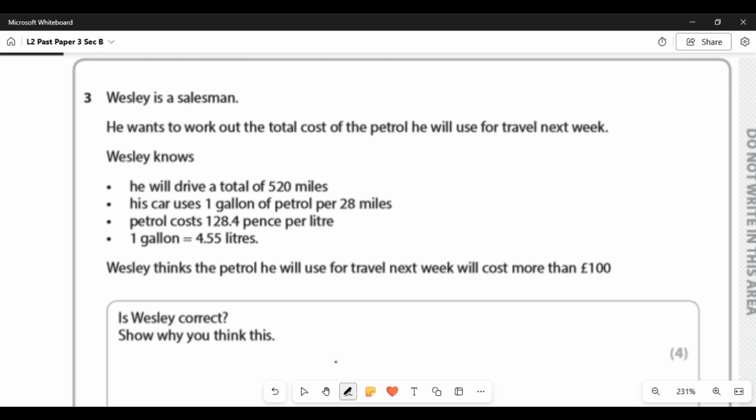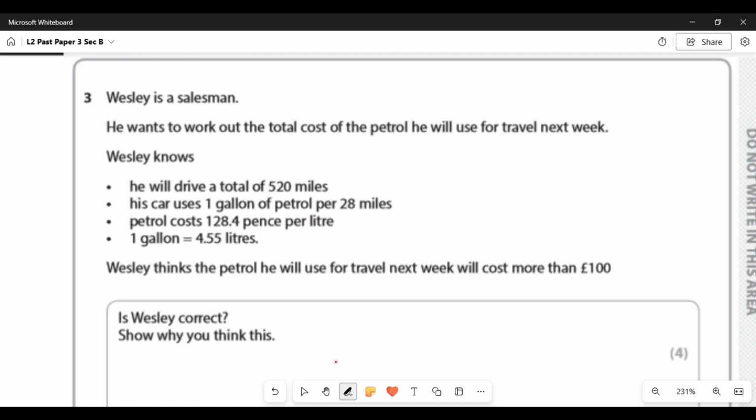So a lot of information in this one. You're going to have to break this down and just work out bit by bit. There's going to be quite a few bits that you're going to convert. I think there will be quite a lot of conversions in this one. So which one should we do first? Well, he will drive a total of 520 miles.